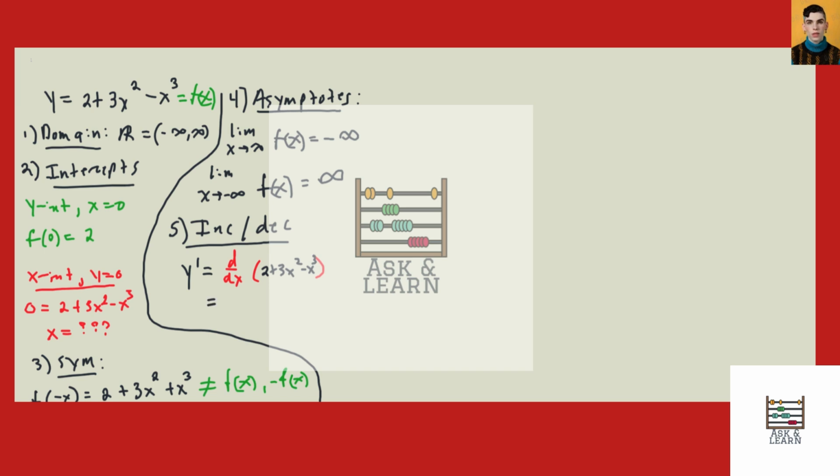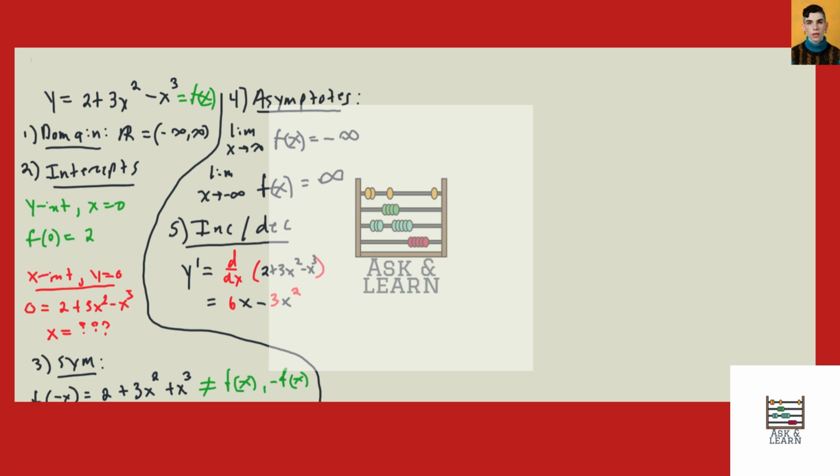And to take the derivative of those, we would just use the power rule. So the derivative of a constant would be 0. The derivative of 3x squared is 6x, as we subtract 1 from the power. And then power rule on x cubed: pull the 3 out front, subtract 1 from the power, and we get x squared.